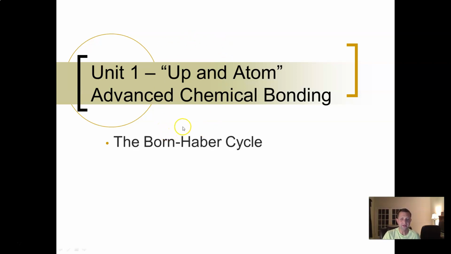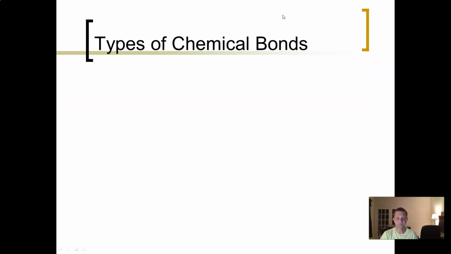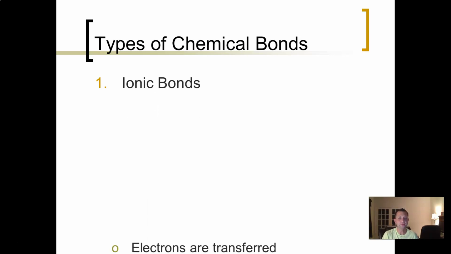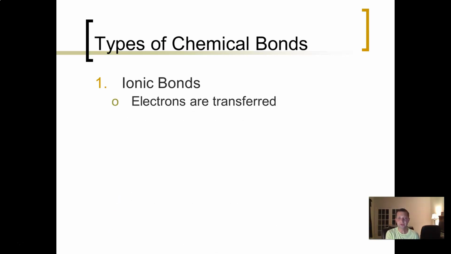So let's get right into it here, and we'll start with just an introduction, a quick review of what ionic bonding is all about. So, types of chemical bonds that we have. Ionic, one of them, right? So electrons are transferred. We talked about this back in Chem 1. So you have electrons being completely transferred from one atom to another.